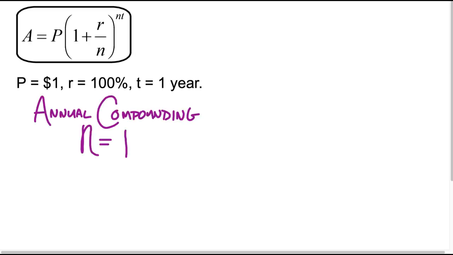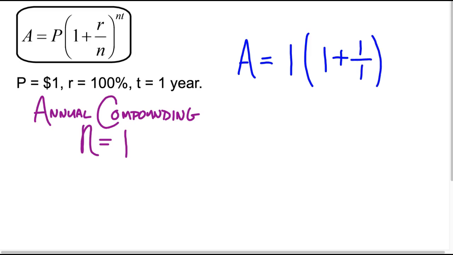This fun little question says, invest $1 at 100% interest for 1 year compounded annually. When you do the calculation, which is the common sense one, you get A equals $1 times 1 plus 1 over 1, to the 1 times 1 power.